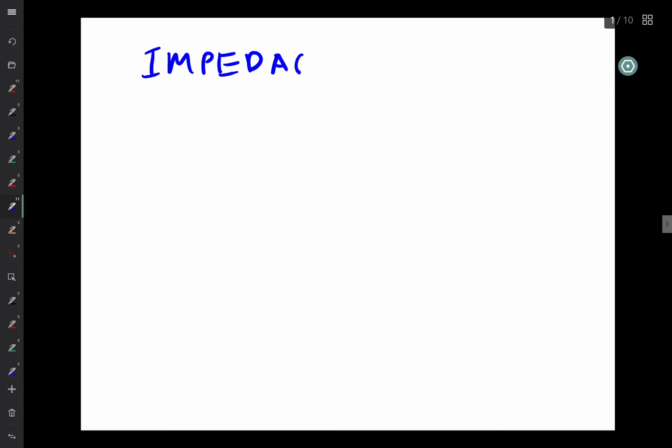Now the main issue when it comes to impedance, which I think is confusing, is that impedance itself as a concept is used in both loose senses and more restricted or more specific or more precise senses.